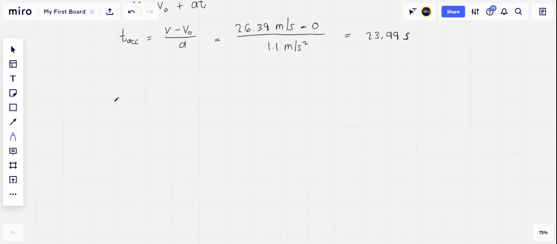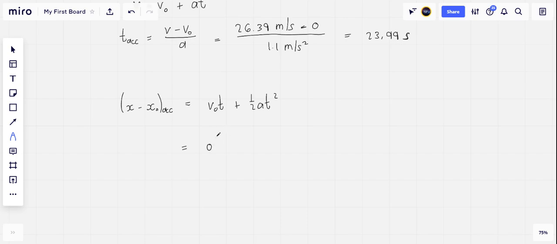Now we want to find the displacement during the acceleration phase. So the displacement is x minus x0, and this is for the acceleration phase, so subscript ACC. We know that this is equal to v0 t using another kinematic equation plus a half a t squared, where the time here is the time taken for the acceleration.